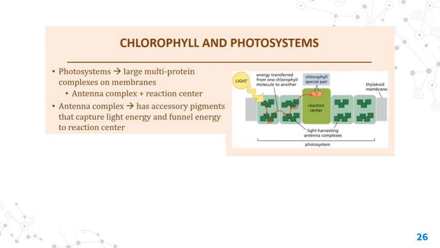So here they are, this is from your book. The first part here is showing you two places, right, surrounding your reaction center. You're going to capture the energy of light, you're going to break water, and you're going to shuffle those high energy electrons around until those reach the reaction center. In the reaction center, you're going to have some special chlorophyll pairs that are going to manage those electrons.